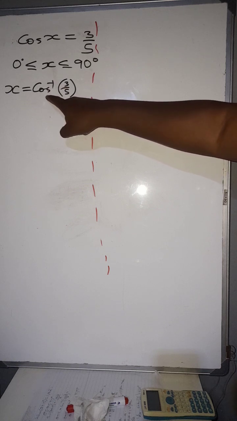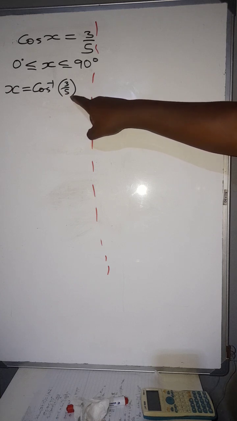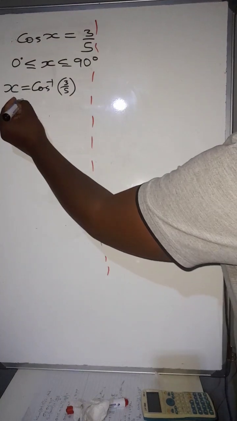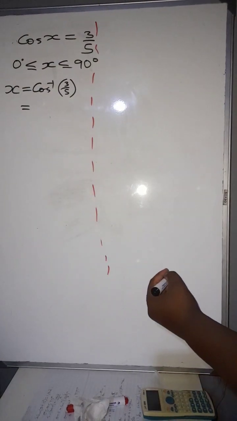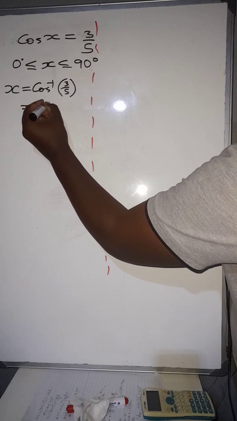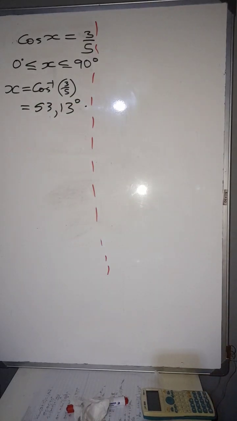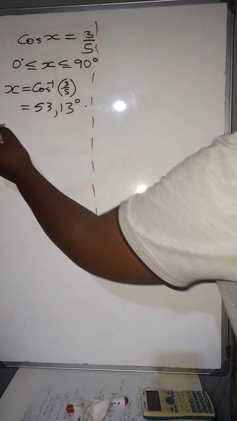You first press the button shift and then cos 3 over 5. That is the second function of cos. And then when you have pressed equal sign, the answer there is going to be 53,13 degrees. So given the equation cos x is equal to 3 over 5, then your x will be equal to 53,13 degrees. That is the first equation.